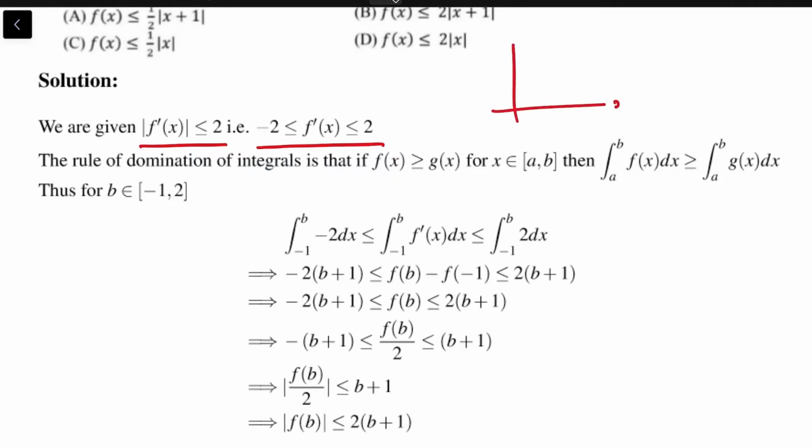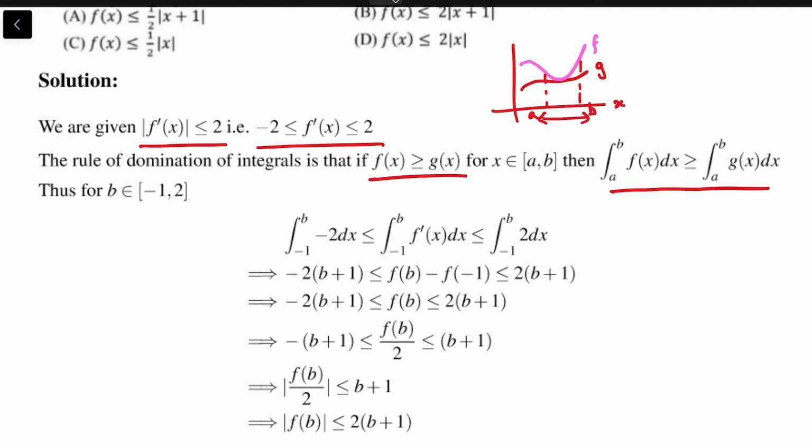That is, if you have two functions of x, say f of x and g of x, and at every point on an interval with endpoints a and b, f of x is greater than g of x, you will find that the integral, that is the area under the curve, of f of x will also be greater than the integral of g of x.